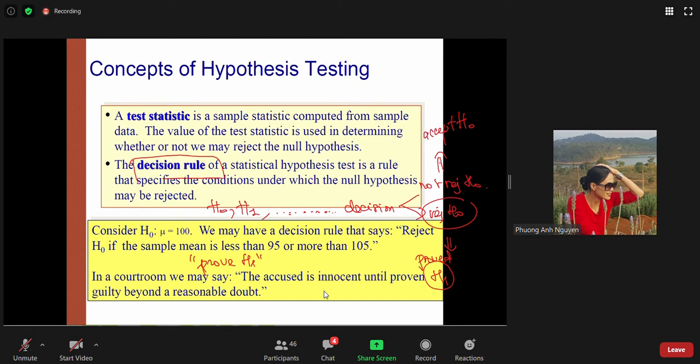In social science, it's important. For example, there has been a crime and a person was arrested. In this case, H0 holds the belief that the person is innocent. You have to believe that the person is innocent until you have enough evidence to reject it.